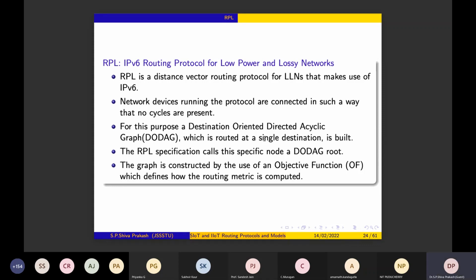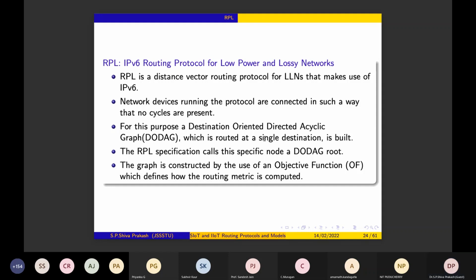That's the reason it uses a destination oriented, directed, acyclic graph, DODAG, which is rooted at a single destination.